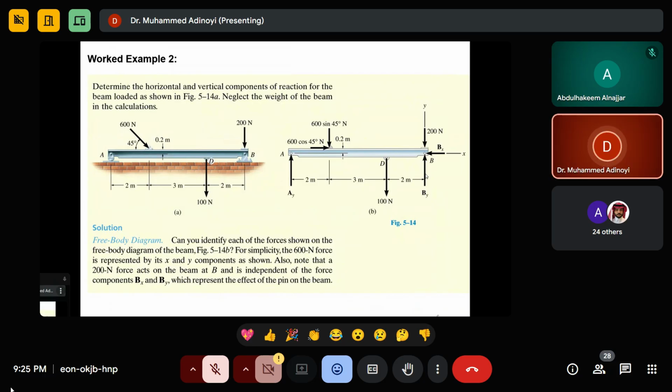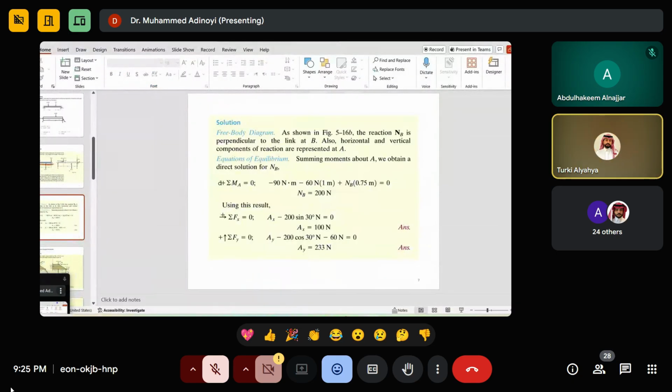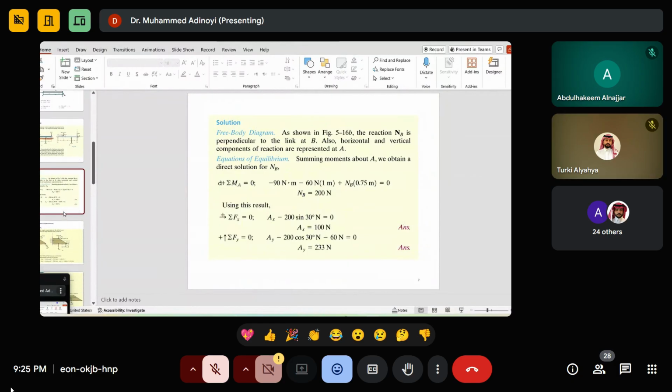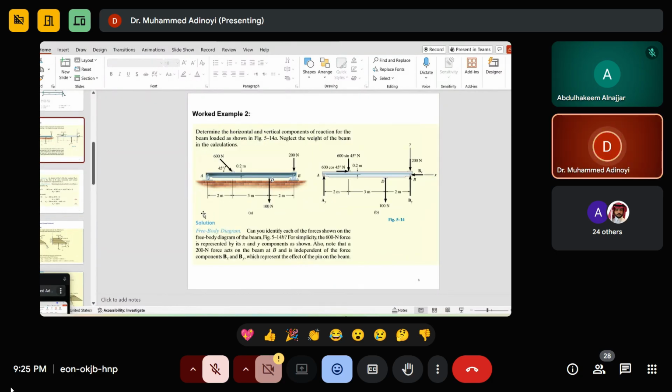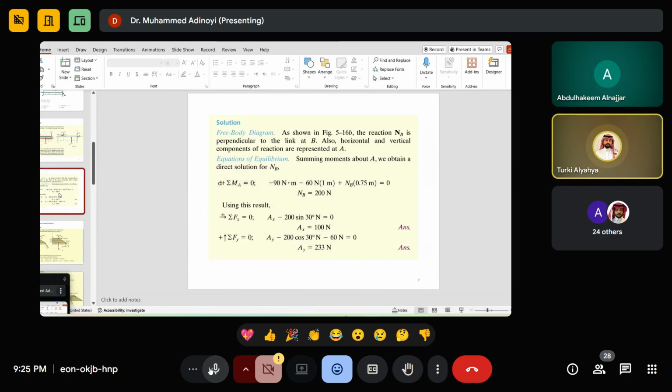Yes, I think so. This solution belongs to another question figure. To another question, yes. It is in the main slide in the classroom.